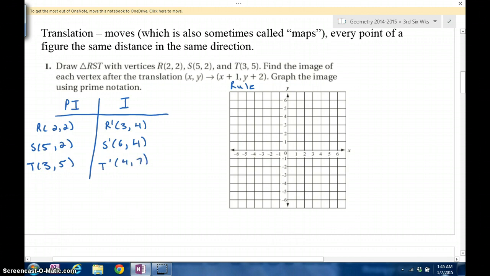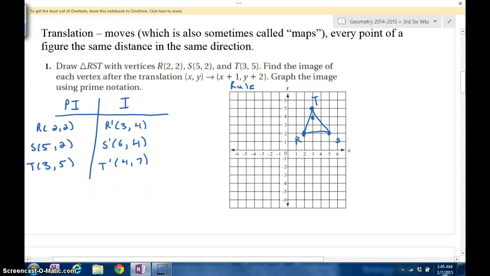Then all we have to do is plot each coordinate. So R, we got (2, 2), that is R, (5, 2), S, and then T is (3, 5). Alright, so this is our original figure. We have it solid. Plot our other figure. 3, 1, 2, 3, 4.